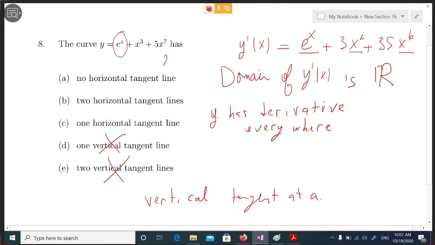Vertical tangent at A means what? If we have an exception in the domain? No, vertical tangent means the derivative is infinity or minus infinity. If we don't have that, it is R. It is defined everywhere.